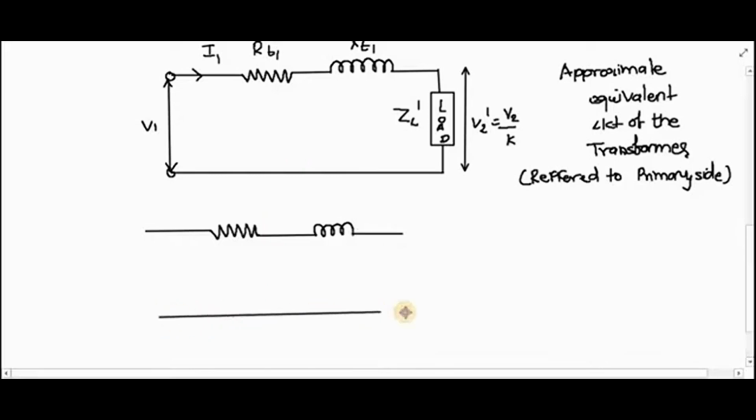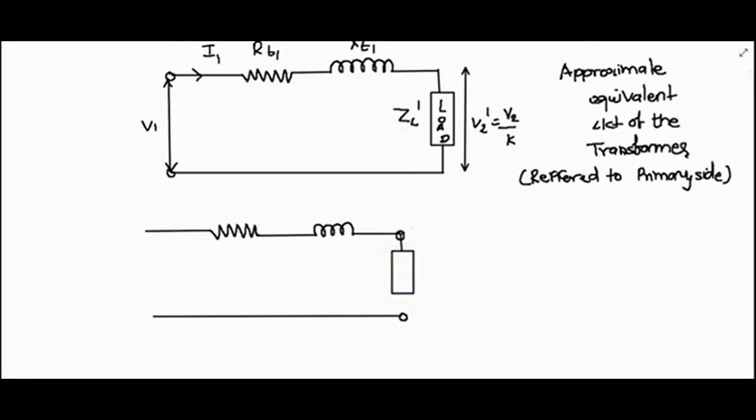So let us draw this circuit. I hope all of you are understanding this. This is your voltage impressed across the primary winding.